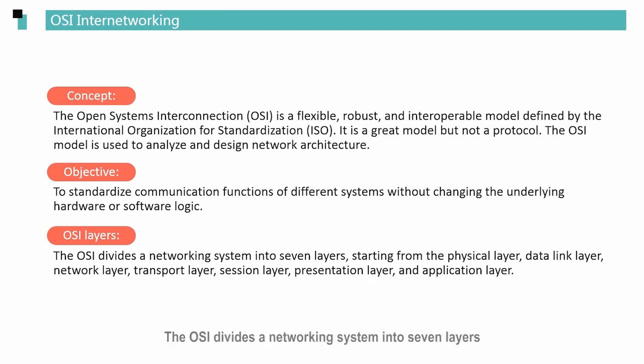The OSI divides a networking system into 7 layers, starting from the physical layer, data link layer, network layer, transport layer, session layer, presentation layer, and application layer. In the following slides, we'll go through the functions of each of the OSI model's 7 layers.